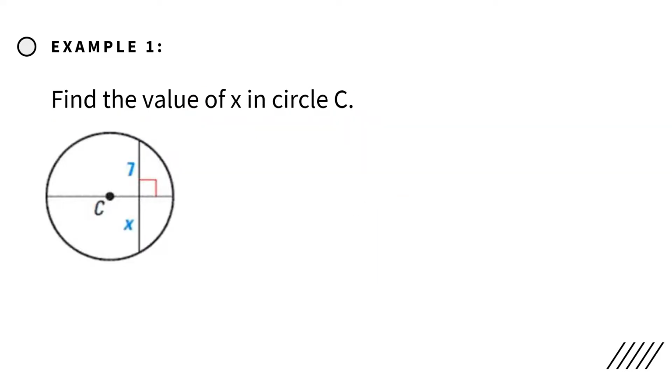Let's do some examples. Find the value of x. So we look at the diagram, we can see that we have a diameter, and we can see that the diameter, right here, is perpendicular to a chord.